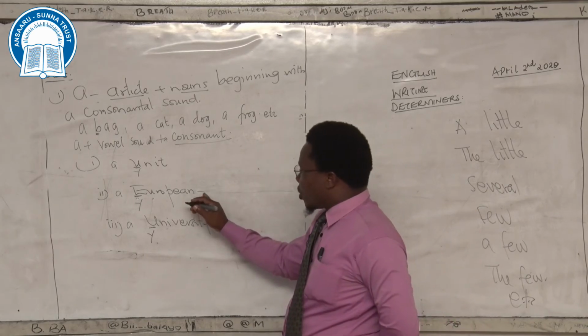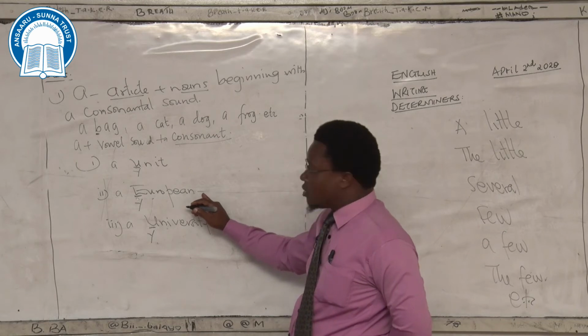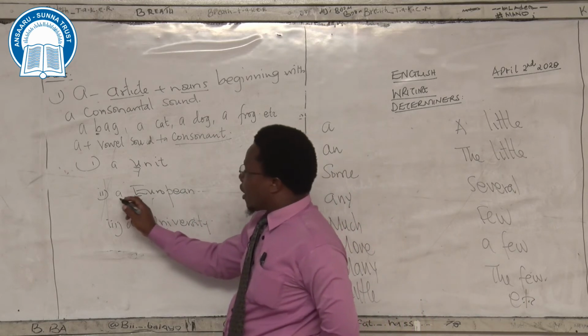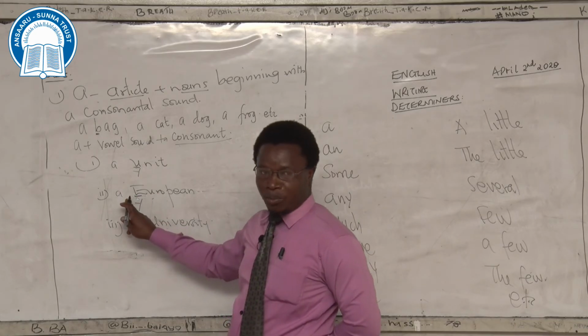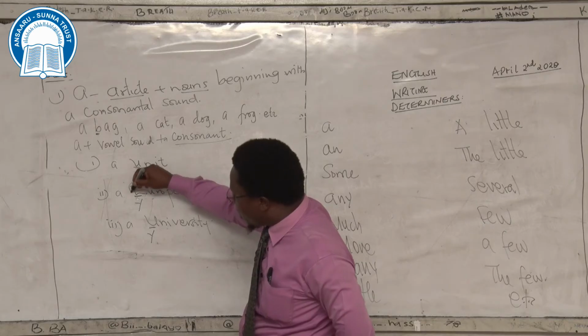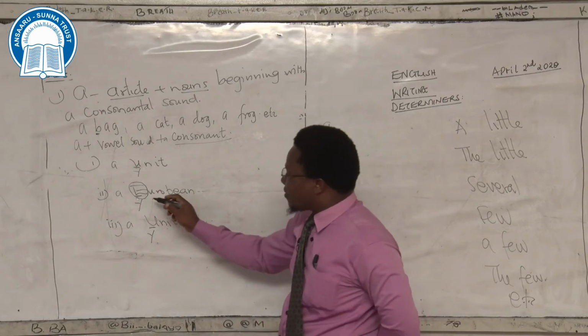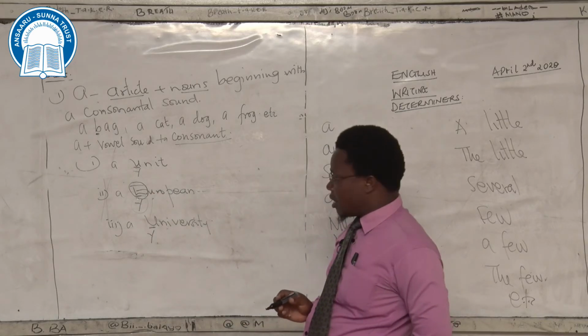The adjective formed from Europe as a noun, this is a proper adjective, European, is said to be a European, not an European, because at the beginning here, as much as we have the vowel sound, that vowel sound is pronounced as that consonantal sound.